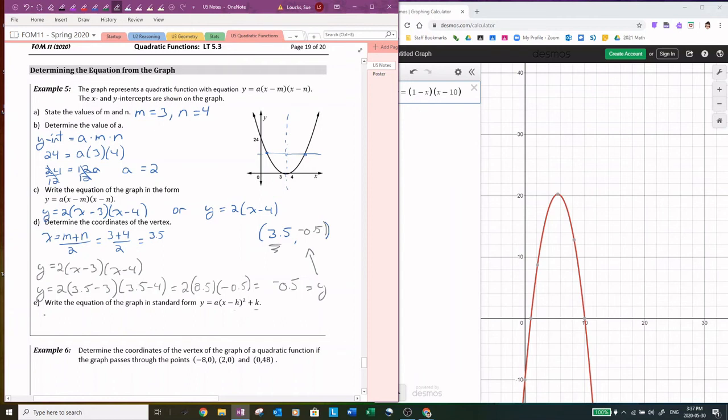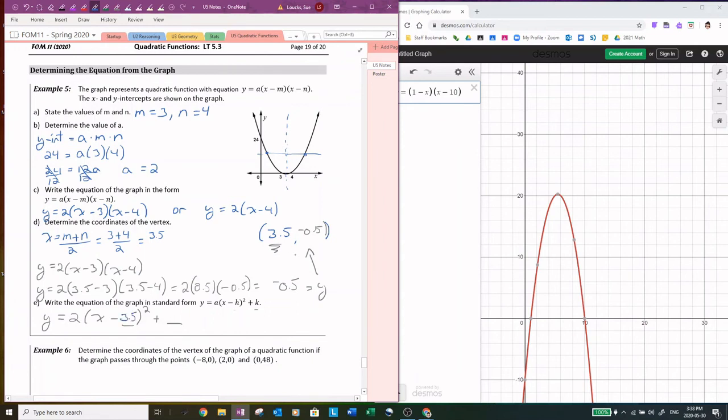So this is going to be y equals a, and we know that a is 2, and it conveniently stays the same through all the forms of the equation. So it's 2 times (x - something) all squared plus something. All right, and the something being subtracted is the x value of the vertex, which is 3.5.